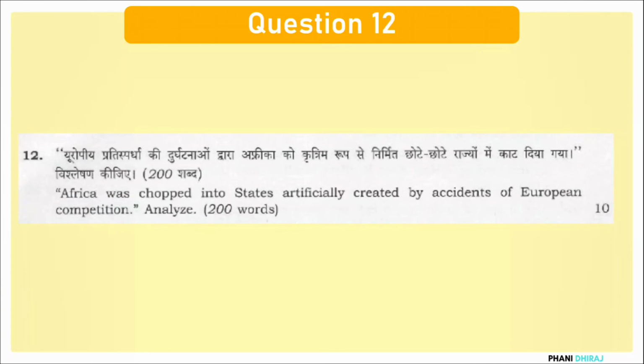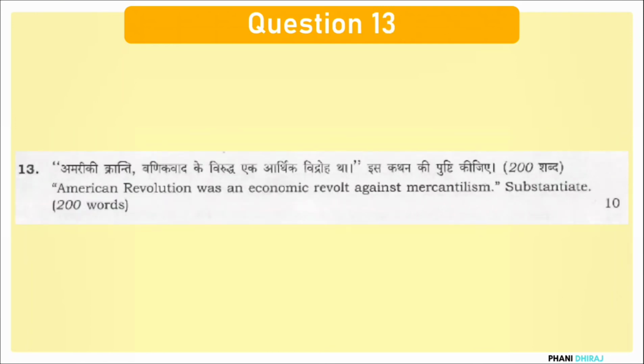Now moving on to the next question, question number 13. This is a little bit of an important question. It talks about the American Revolution and its relation to the economy. The question is: the American Revolution was an economic revolt against mercantilism. Substantiate.